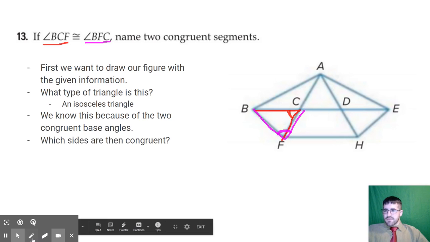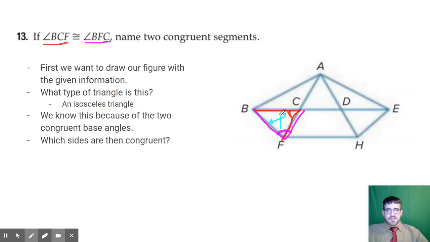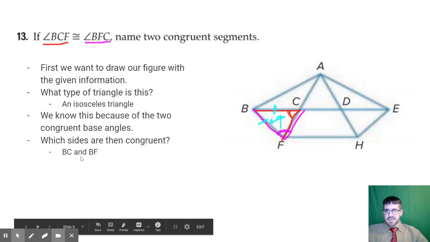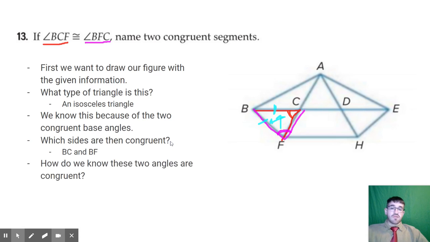Which sides are then congruent? You can draw a little arrow if you need to. I used to do that when I was in school. And we're going to get segment BF and segment BC, BC and BF, whichever way you want to write them. How do we know these two angles are congruent?